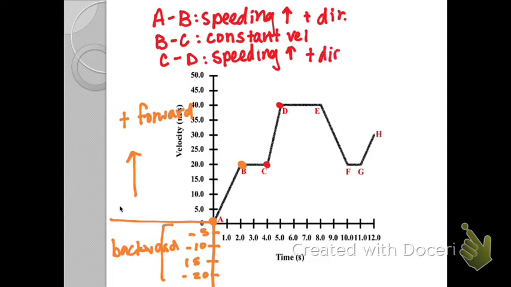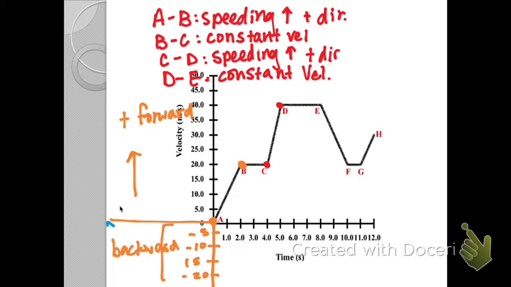From D to E, what am I doing? Say it again. Constant velocity. So from D to E is constant velocity.